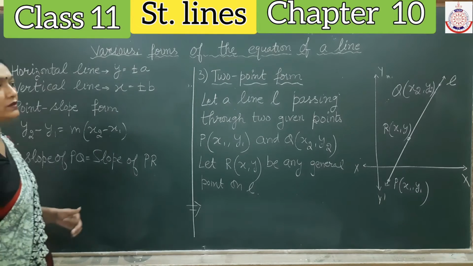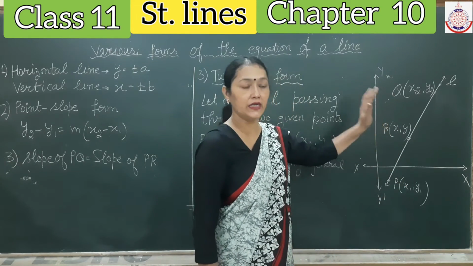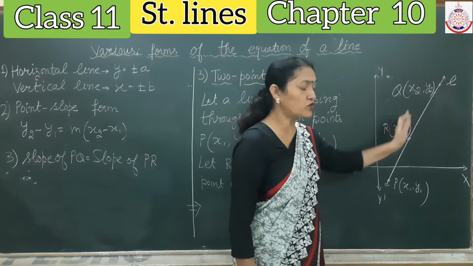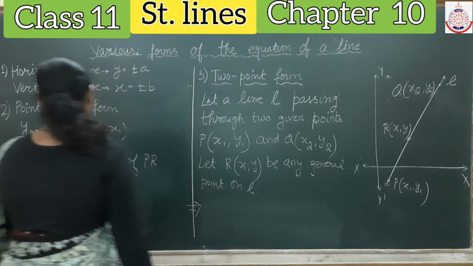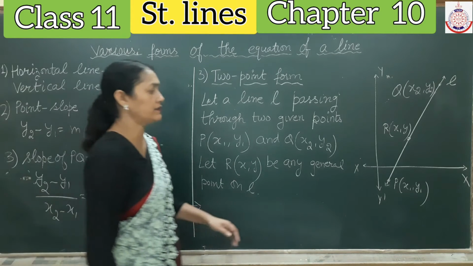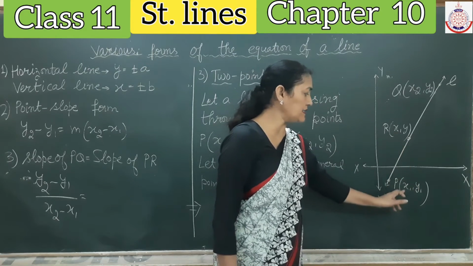How do we find slope when two points are given? y2 minus y1 upon x2 minus x1. So slope of PQ will be y2 minus y1 upon x2 minus x1. And slope in case of PR is y minus y1 upon x minus x1.